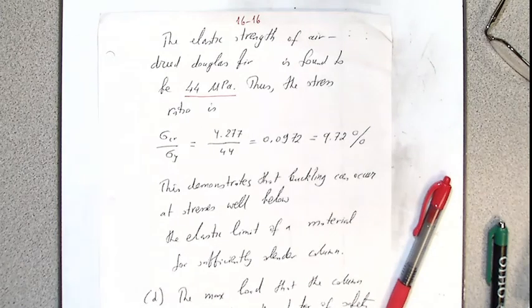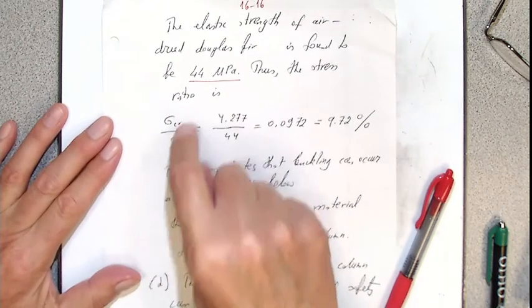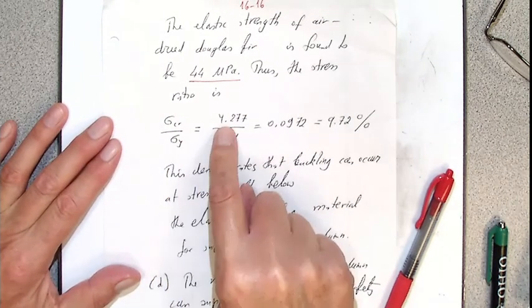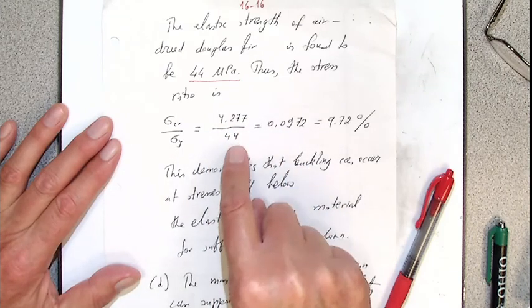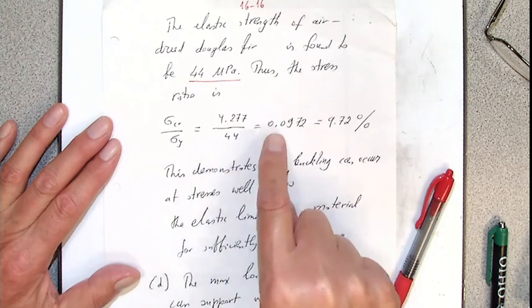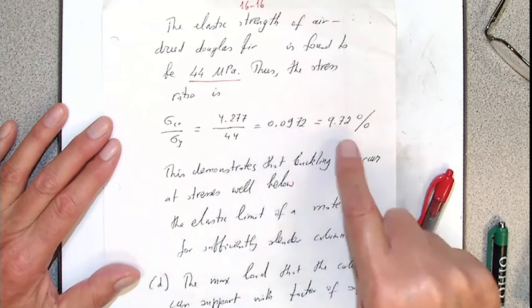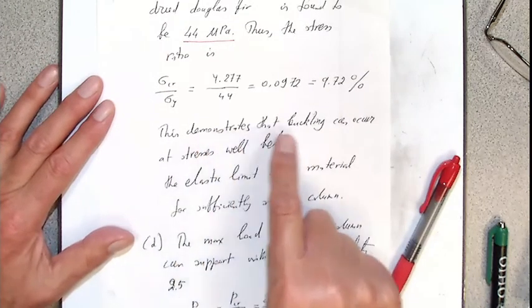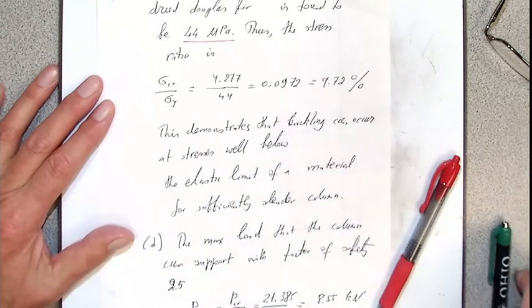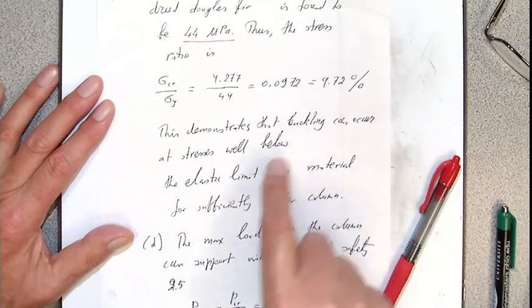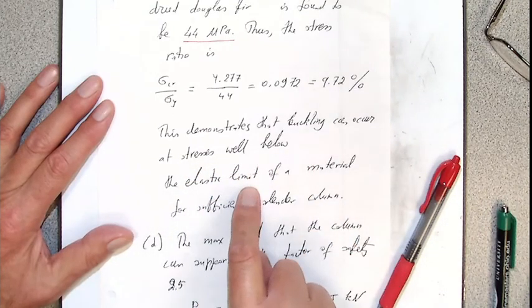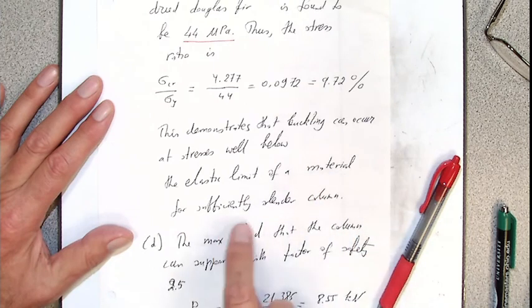Thus the stress ratio is sigma critical divided by sigma y, which is 4.277 megapascals divided by 44 megapascals. It's 0.0972, so it's 9.72%. This demonstrates that buckling can occur at stresses well below the elastic limit of a material for sufficiently slender columns.